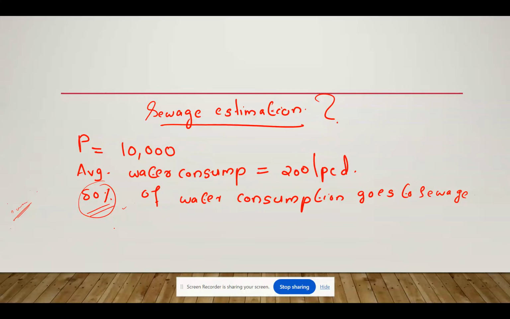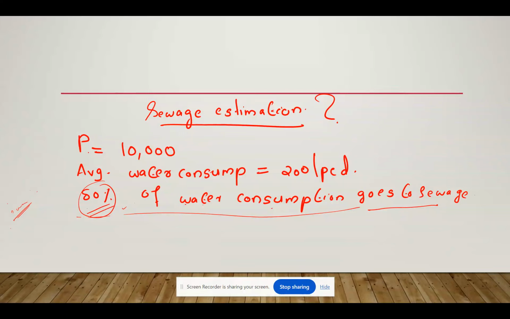So 80 percentage of the water consumption goes to the sewage. We get 100 percentage water. What you said is true, that we consume some water, some water will go like evaporation, there will be some losses. The remaining 80 percentage of water is going back to the sewage.